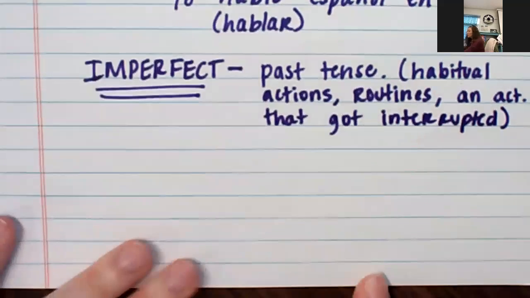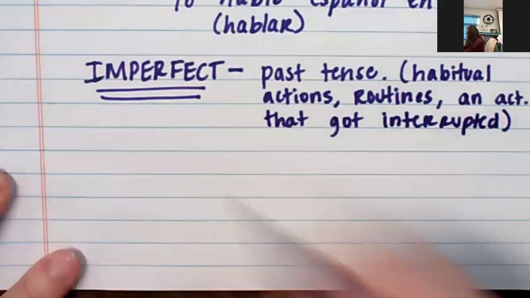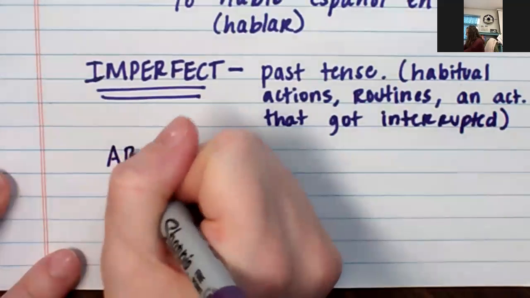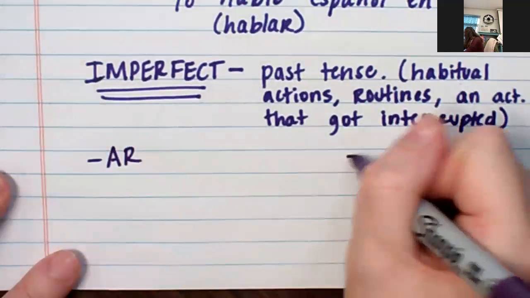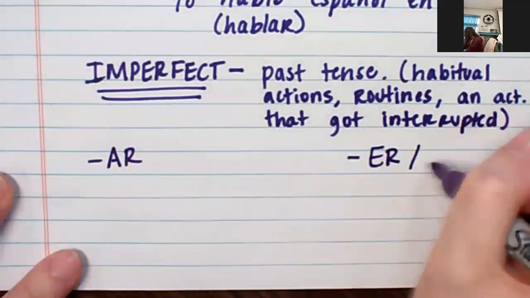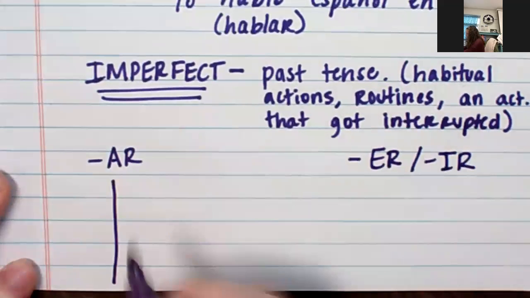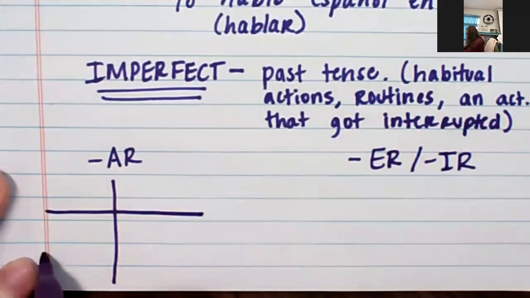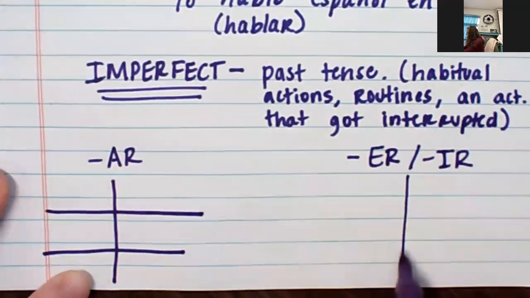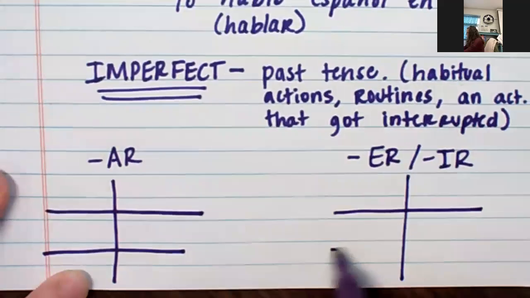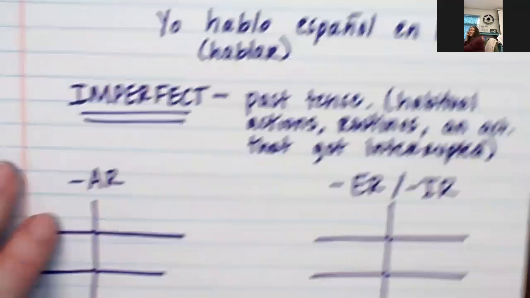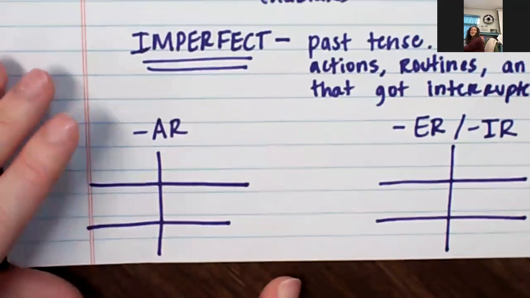And we only have two sets of endings. So we have our AR endings, and then ER and IR share. How great of them to share. That way we don't have to memorize as much. Makes our lives just that much easier.